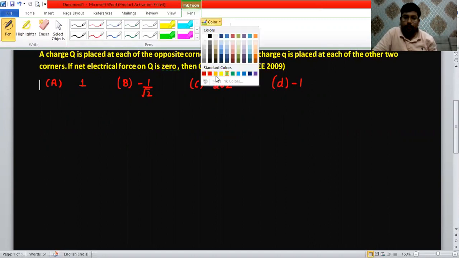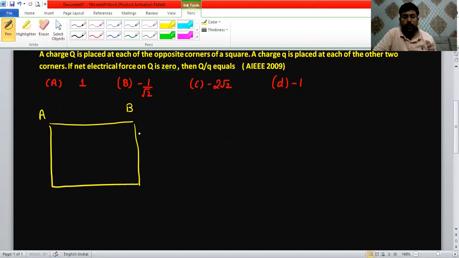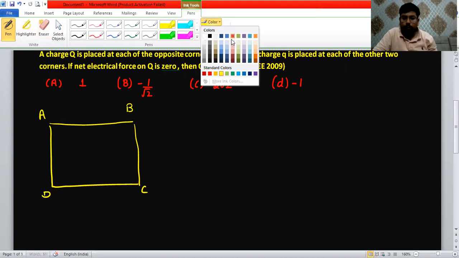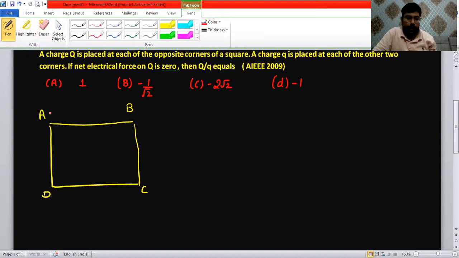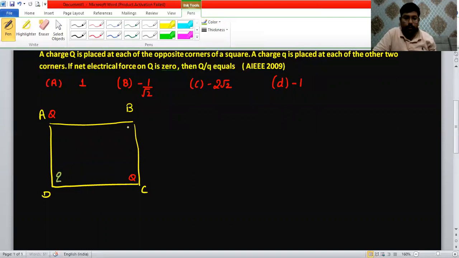Consider a square here, like this. Let these be four corner points A, B, C and D. On two opposite corners we have a charge of capital Q, and on the other two diagonally opposite corners we have charge small q.